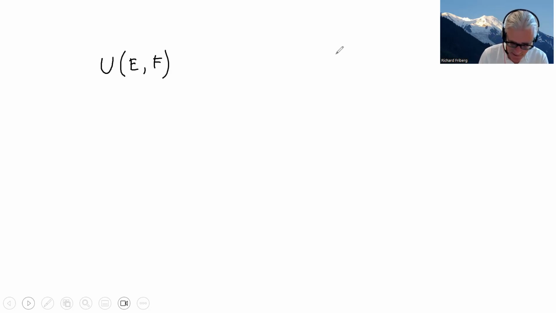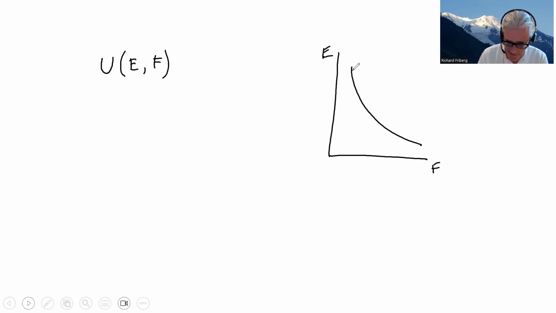E and F here, saying how we're willing to exchange one for the other. The slope of the indifference curve, the marginal rate of substitution, will depend on where we evaluate it. So it's steep here, flatter down here.